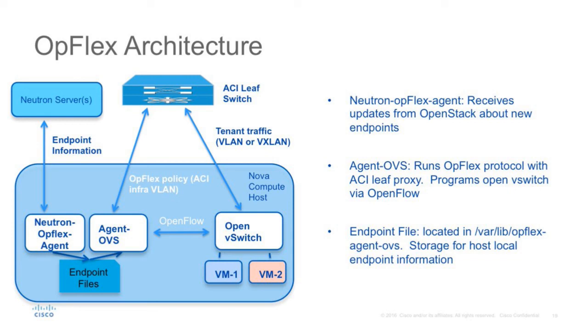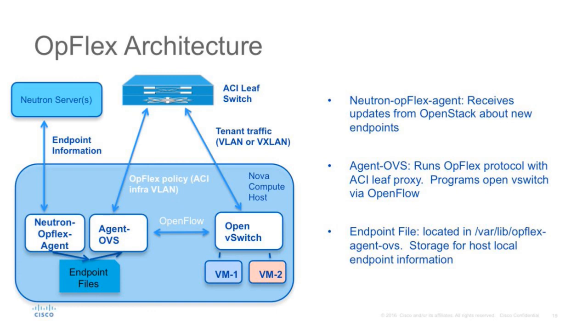So, as we say, there's no router. It's a contract, and the contract is just a policy. Those policies come down from the ACI, and that's how Open vSwitch knows whether it will allow this traffic, drop it, or NAT it.